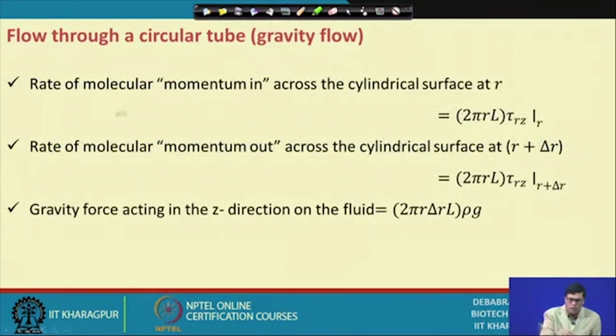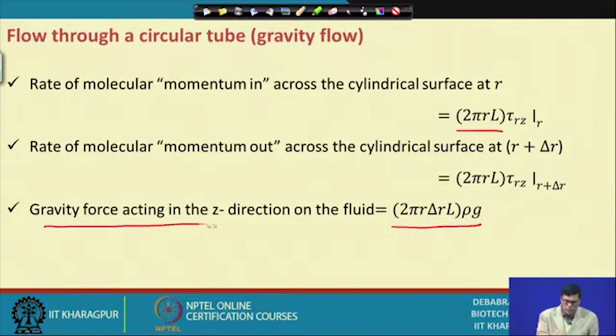Now the rate of molecular momentum in can be explained like this. This is the surface area, am I right? This is per unit surface area, so tau Rz at R, then this is at R plus del R, and this is the gravitational term, rho g; multiplied, you will get the gravitational force acting on the fluid.